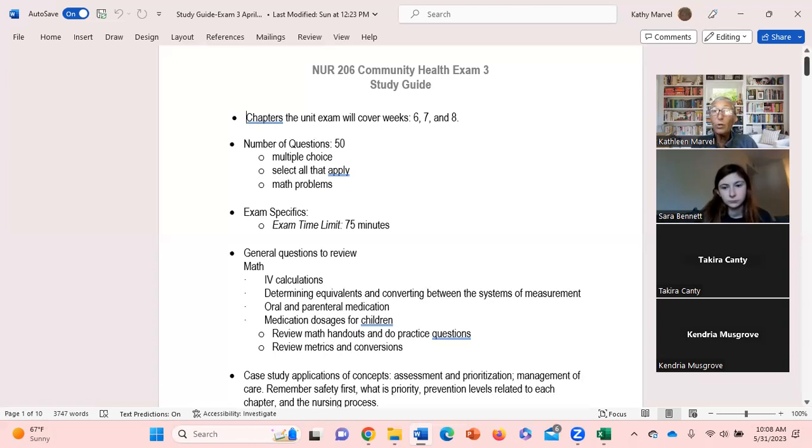What are some priority words that you would be looking for in a question that might help direct you to an answer? What would the nurse do first? First, great. Last, what's initial? What's the initial response? What's the best response? Okay, you got to be looking for those keywords.